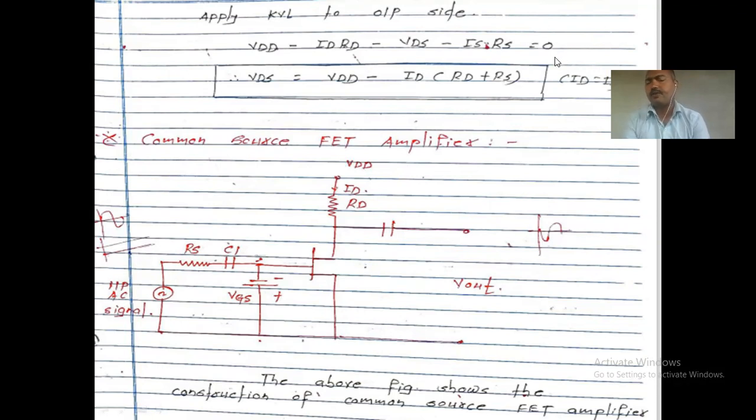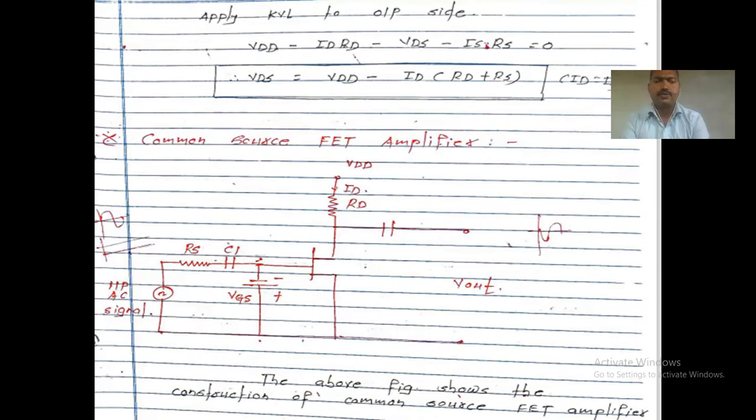This configuration and the common emitter configuration we saw in BJT are the same. The only change is that a common emitter BJT has some disadvantages. One important disadvantage is that it has more noise, meaning less input impedance, so whatever noise is connected appears across the input. That's why there is fluctuation or variation in the output in case of BJT. But when we use a FET, this will not happen because it has higher input impedance.